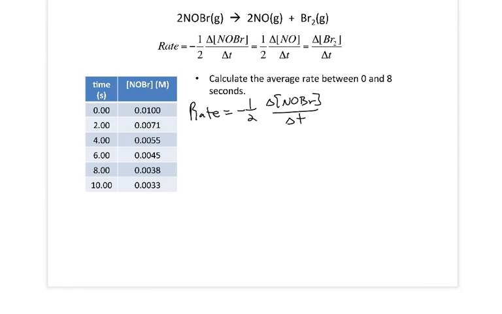If I plug in my numbers, I know the rate is minus 1/2 the change in NOBr. I'll go from 8 seconds and subtract from that the 0 seconds concentration. And then in the denominator, the change in time, I'm going from 8 seconds as the final, 0 seconds as the initial.